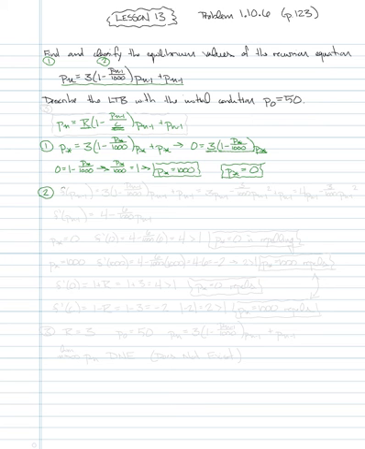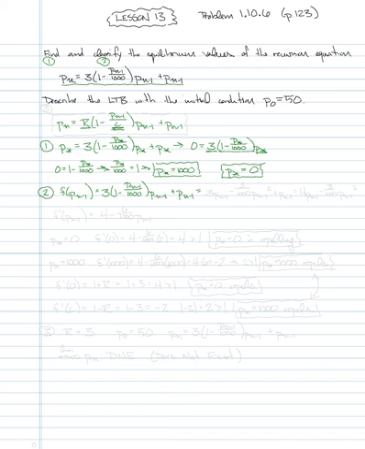So if I look at this as a function of p sub n minus 1, it's going to be equal to 3 times 1 minus p sub n minus 1 over 1,000 times p sub n minus 1 plus p sub n minus 1.